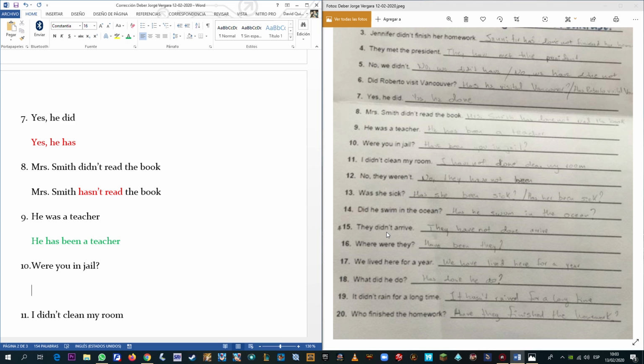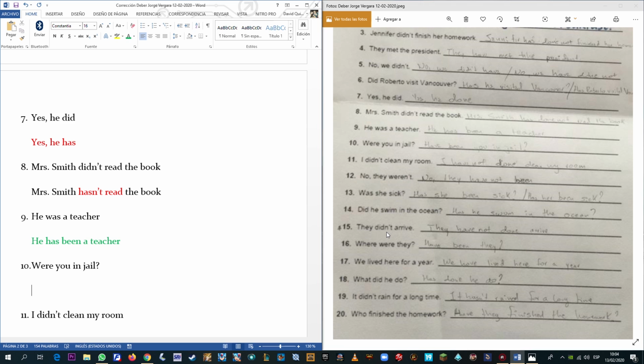Now the 10th sentence, or in this case question, it says were you in jail? And our student has written the following: have been you in jail? What is the mistake here? That we have to write the subject after the auxiliary verb.